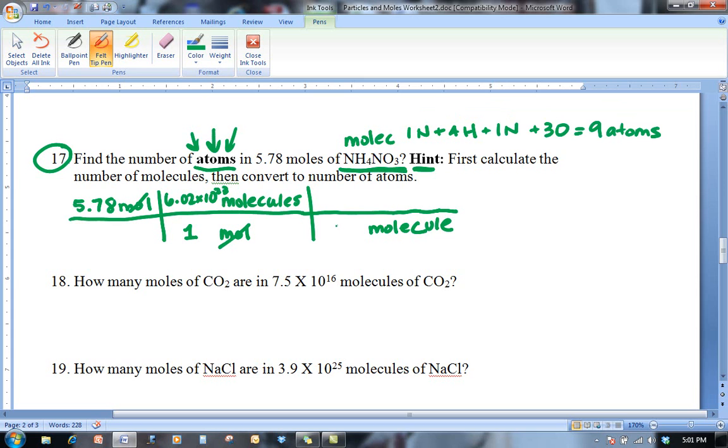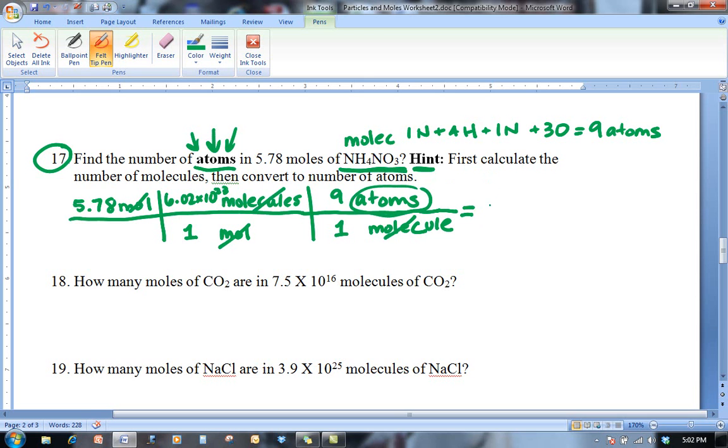So I know that in 1 molecule I have 9 atoms. Molecules cancels, and I have atoms here on top of the horizontal line, so I know that I'm done.